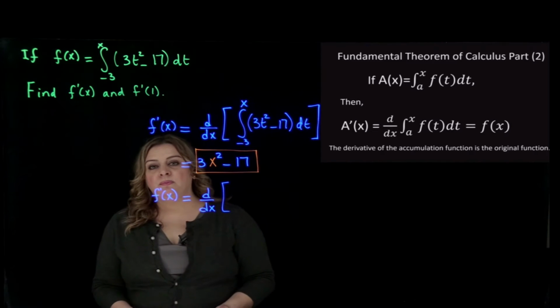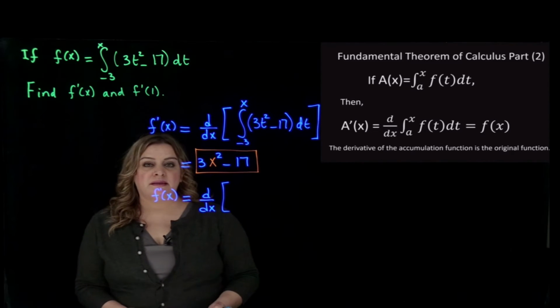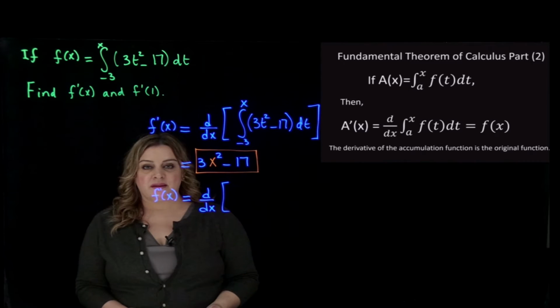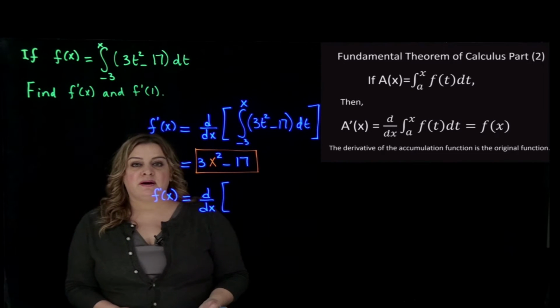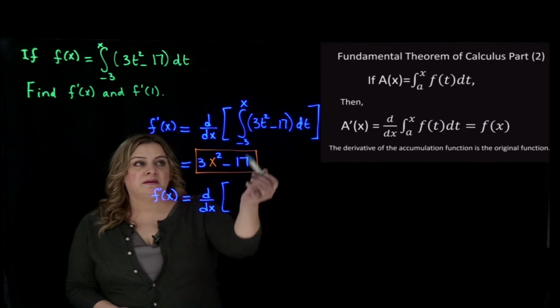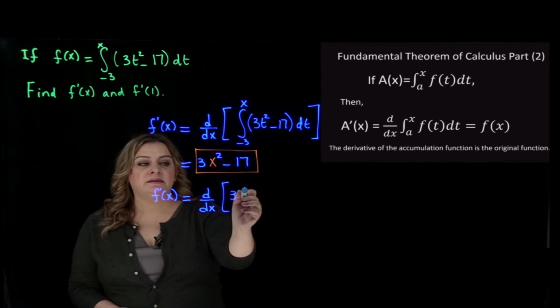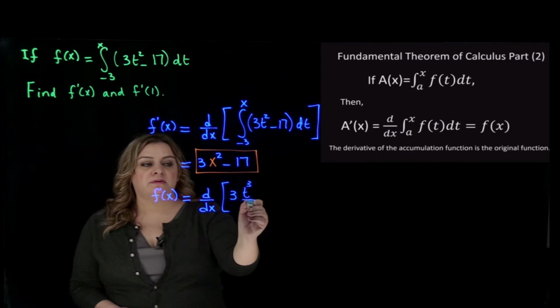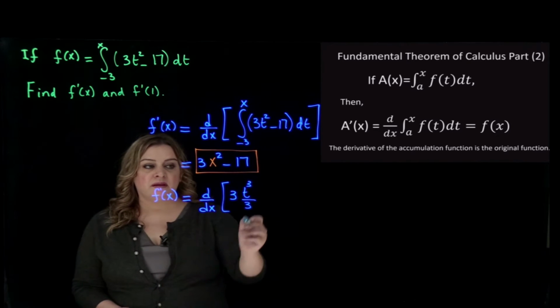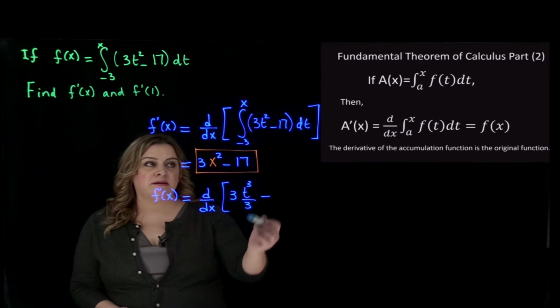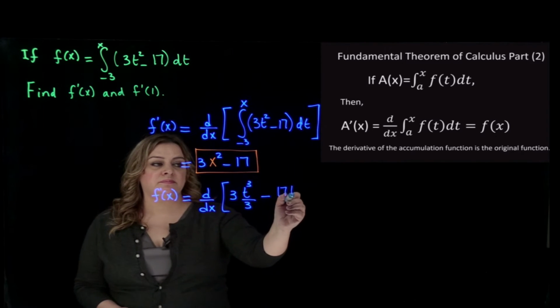And now we want to find the antiderivative of 3t squared minus 17. Applying the power rule of antiderivatives for the term 3t squared, we will have 3t cubed over 3, minus, now we apply the special case under the power rule of antiderivatives, and we will have 17t.